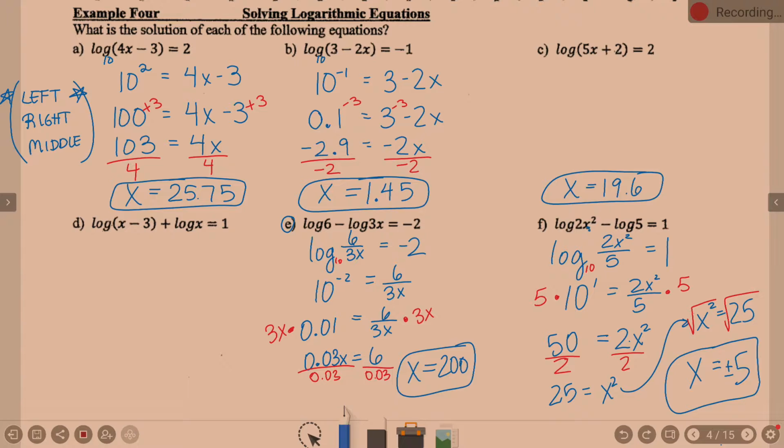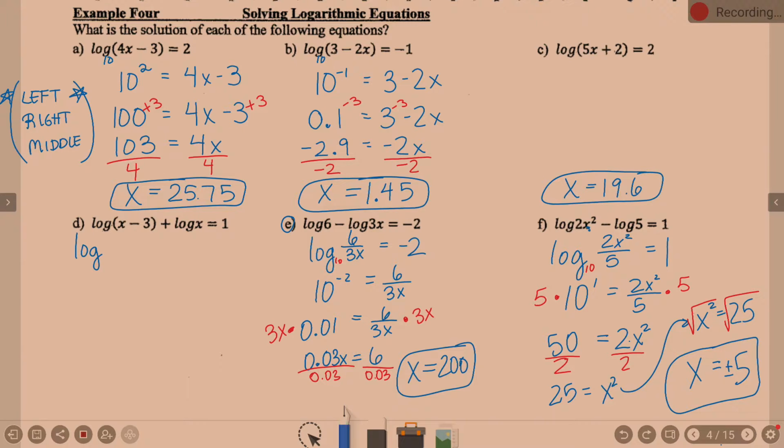Okay, one last one. Then maybe a little bit of work time. D. 2 logs again. What's different? 2 logs being added can be rewritten as 1 log where the insides are multiplied. So I'm going to write this. It's x minus 3 times x.